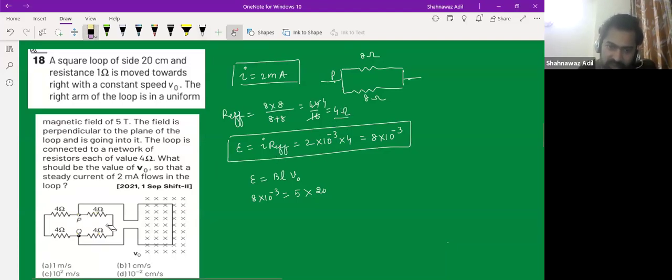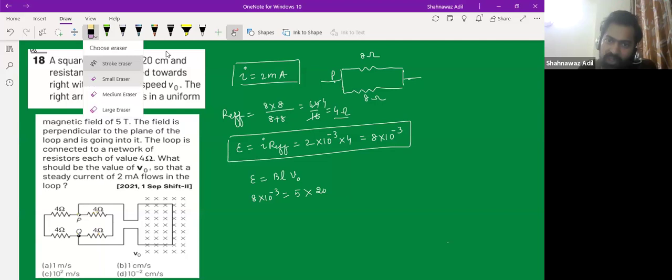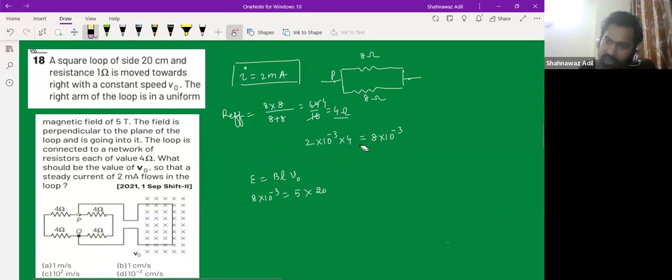The 4 and 5 ohm resistance plus the resistance of this square. So we have to calculate the resistance of it as well, right? So the total resistance R prime is 1 plus R effective, which is 5.